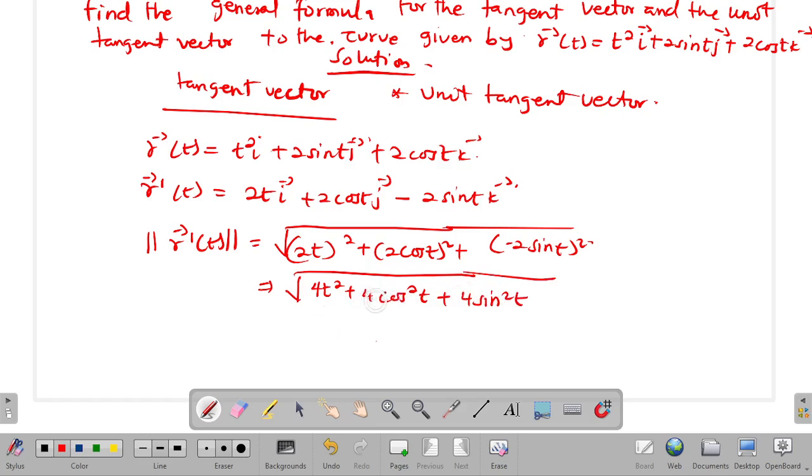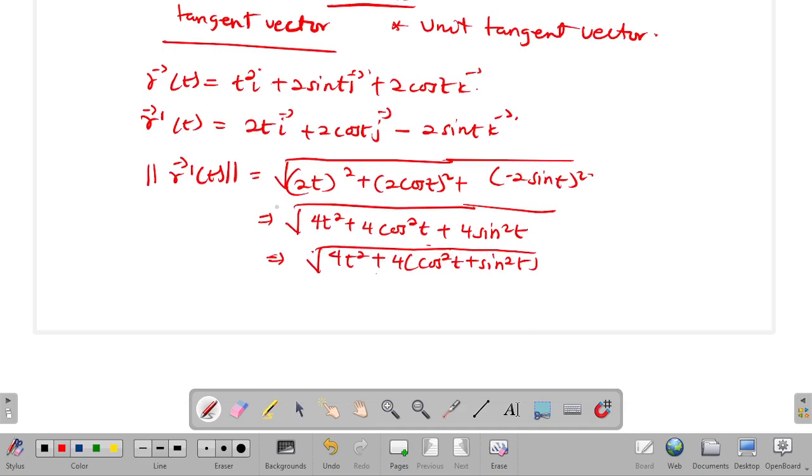Obviously you can factorize 4 out here and you get the square root of 4t squared plus 4 times cosine squared t plus sine squared t. Then this gives 1. You know this identity. Once we have 1 for that, the length is the square root of 4t squared plus 4.